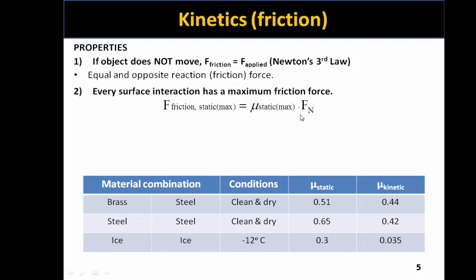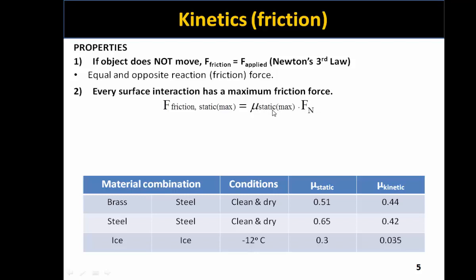And that's going to be a function of the normal force exerted by the surface against the object, which is responsive primarily to the weight of the object, but is also responsive to any other vertical force applied to the surface through the object. And it's also going to be a function of the coefficient of static friction.